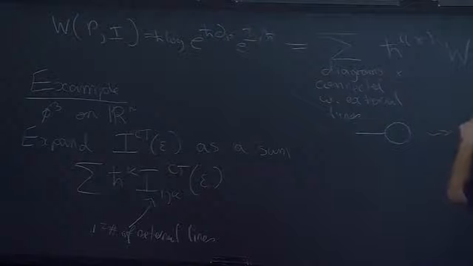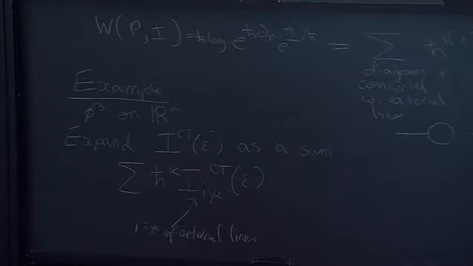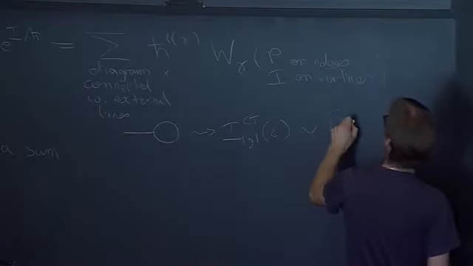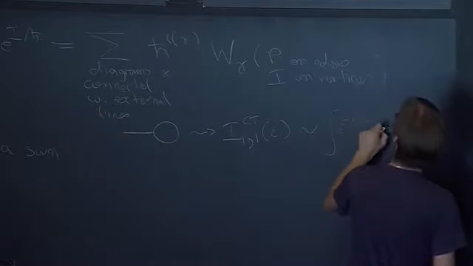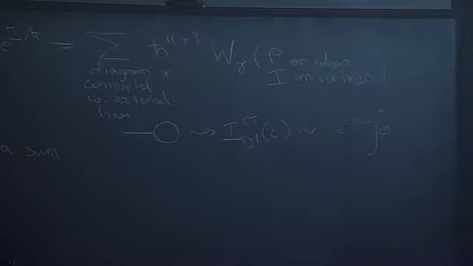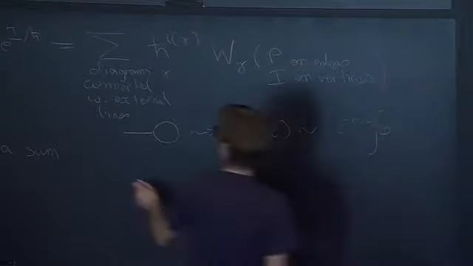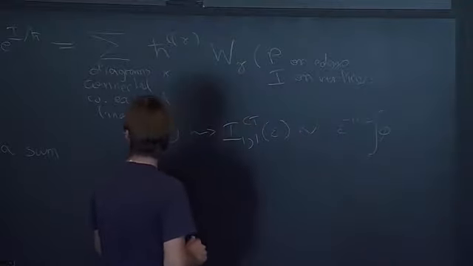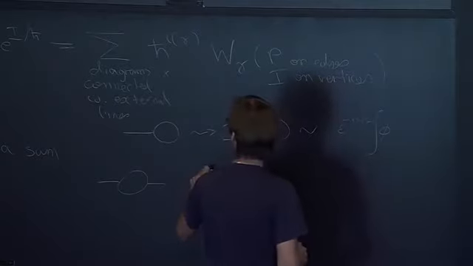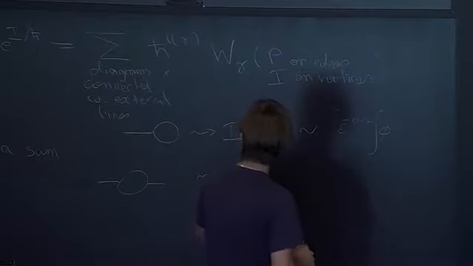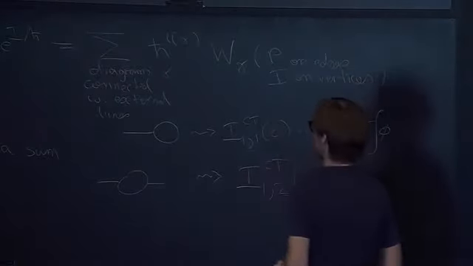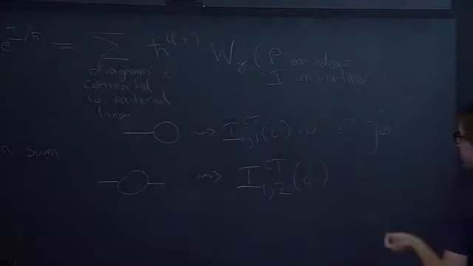I_{1,1}, and it looks like the integral of epsilon to the minus n over 2 times phi. And then there was something from this diagram, I_{1,2}, and I don't quite remember what we got.